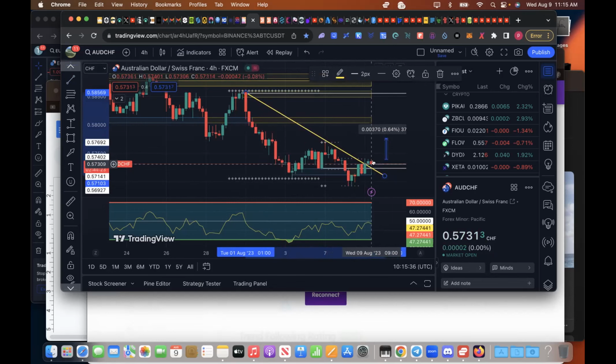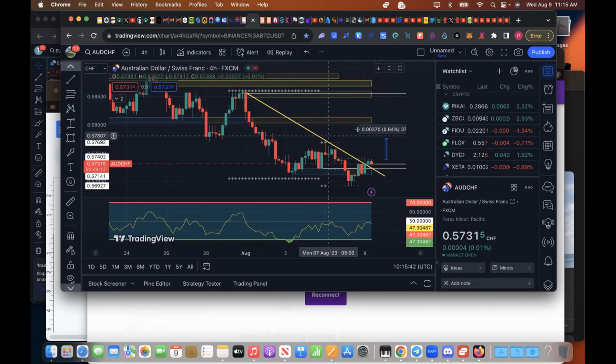But to buy is to wait for the close of this candle. Yeah, exactly. After then one can. It has a very nice setup now, or nice support. So guys, write down AUD CHF at the close of this candle.